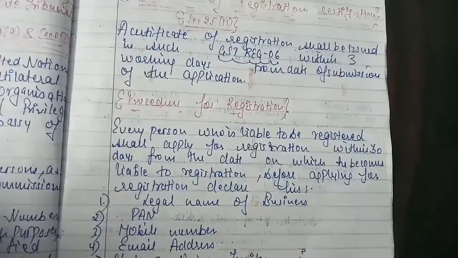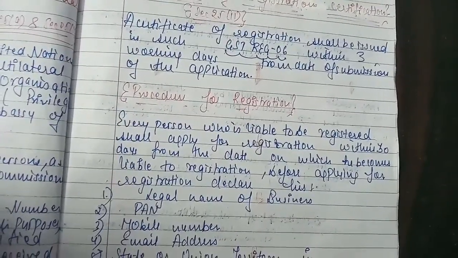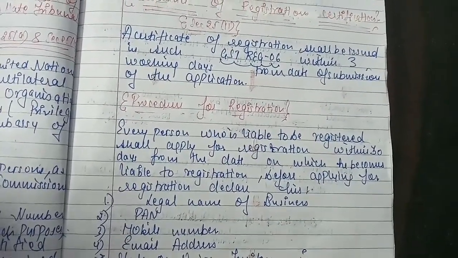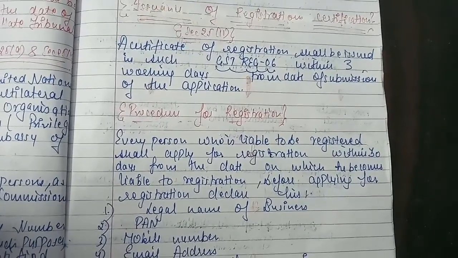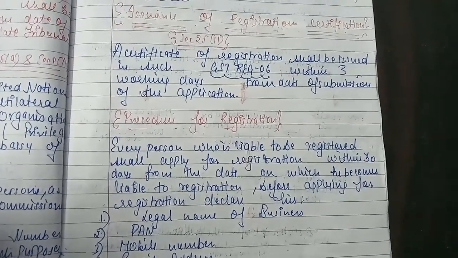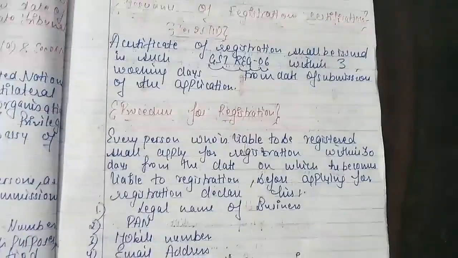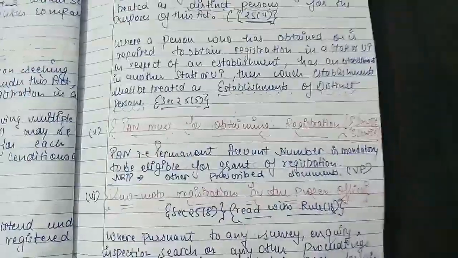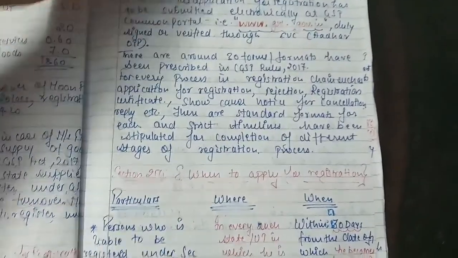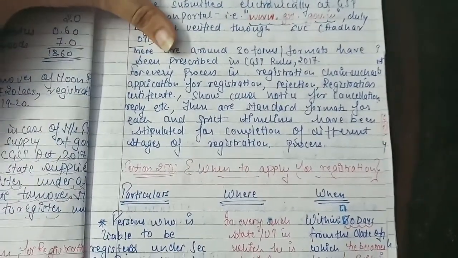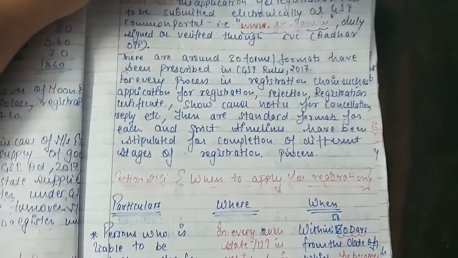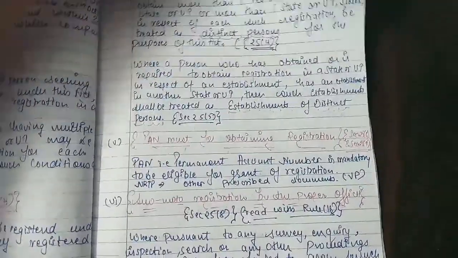Now, come to the next topic, that is the procedure for registration. Every person who is liable to be registered shall apply for registration within 30 days from the date on which he becomes liable to registration, as we have already studied in section 25 subsection 1, that is, when to apply for registration.